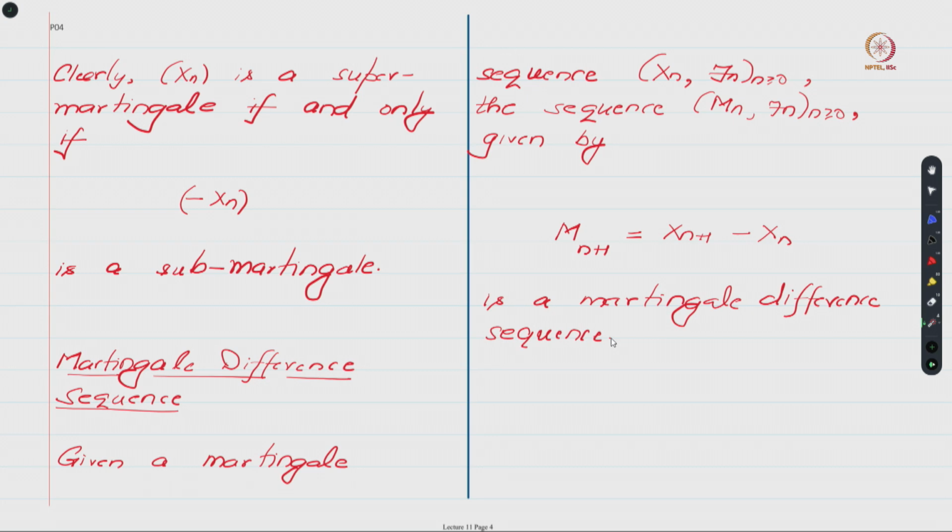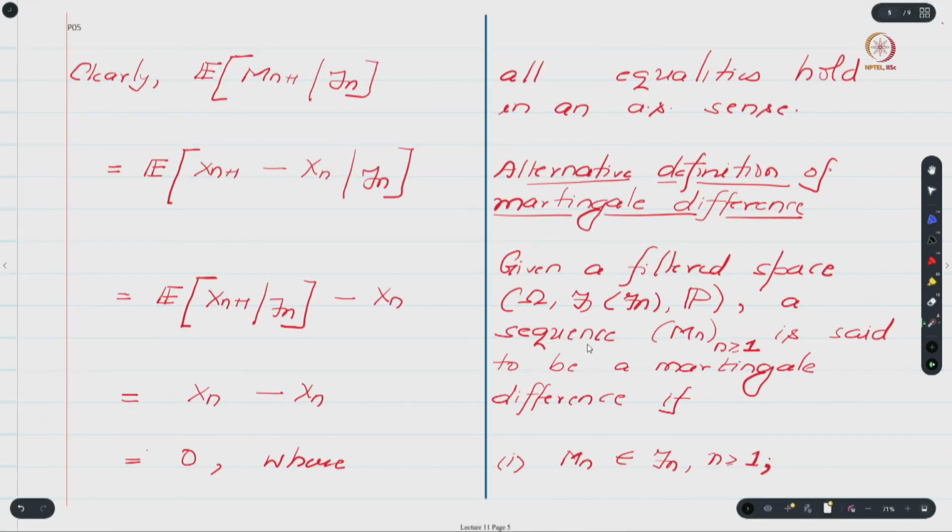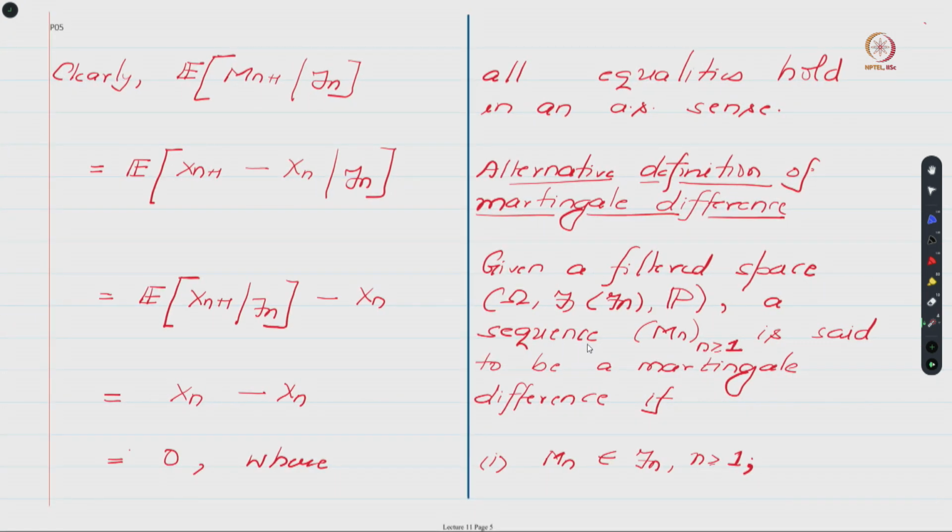So, now I hope the name makes sense. xn is your Martingale sequence, and now we are looking at the difference between successive elements of your Martingale sequence, and hence this new process is referred to as the Martingale difference sequence. Now, one can easily see that your Martingale difference sequence satisfies the following property.